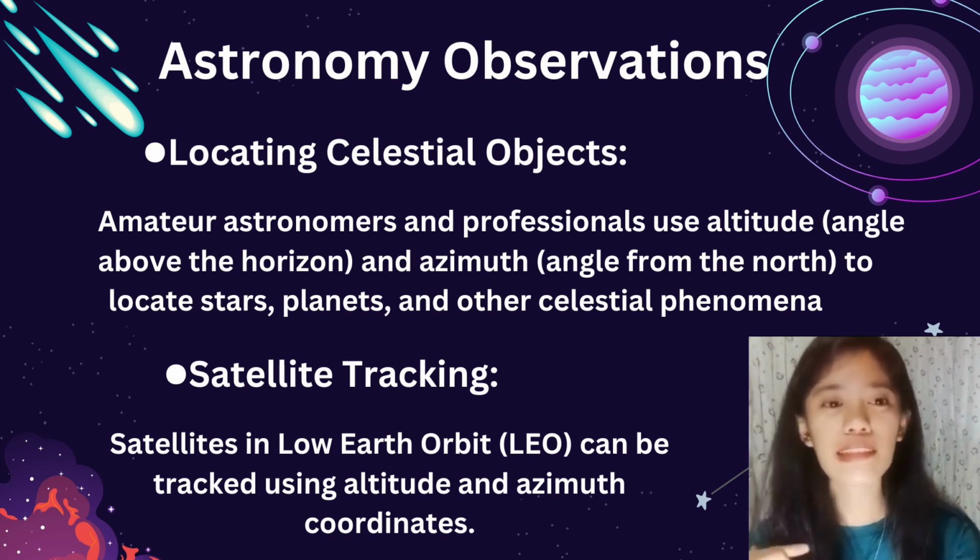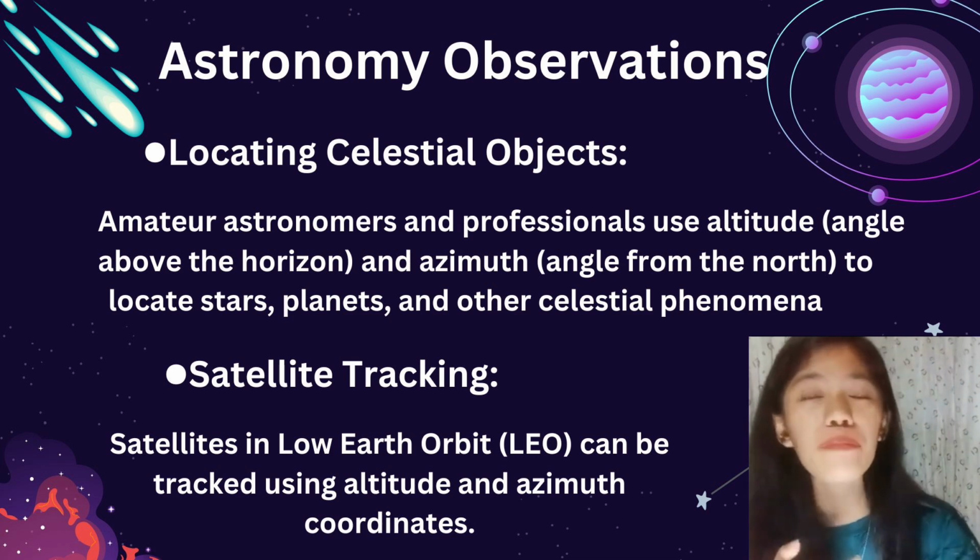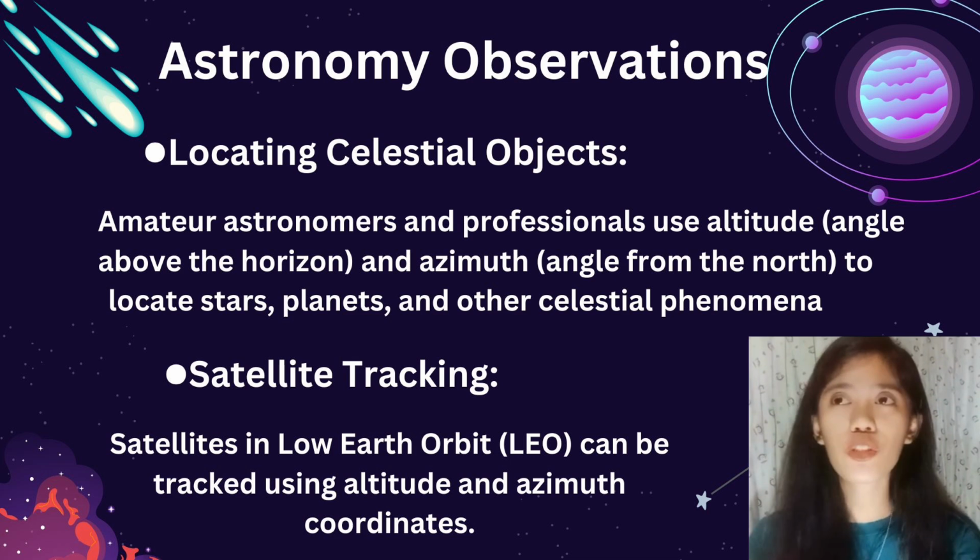Actually, there are certain times when a satellite is visible, depending on the location, no? Specific locations, depending on their orbit and the position of the sun. The ability to track a satellite trajectory helps in predicting these visibility windows, no?